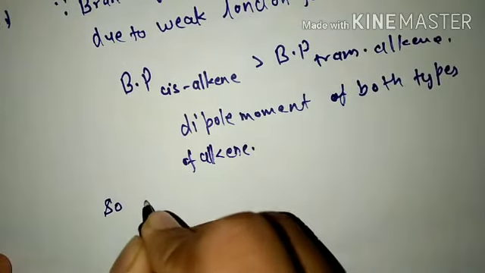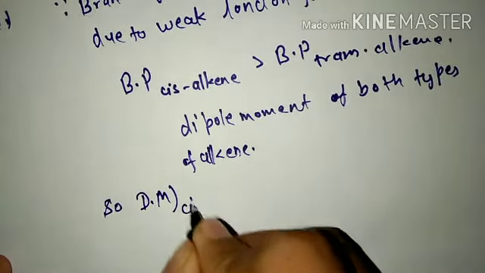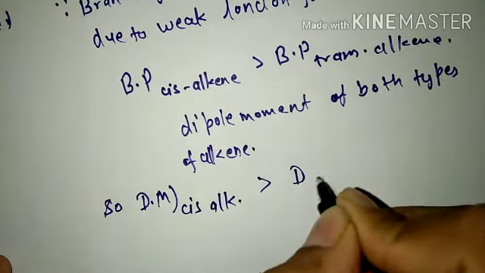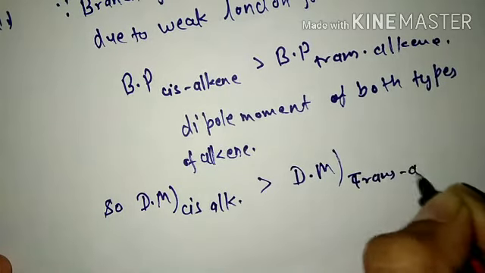So dipole moment of cis alkene is generally greater than dipole moment of trans alkene.